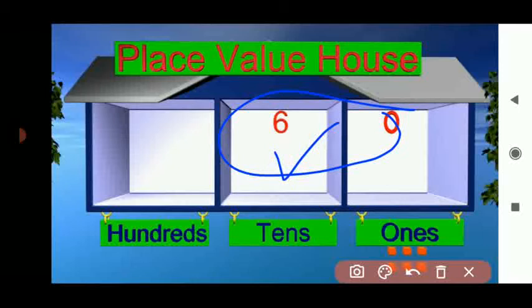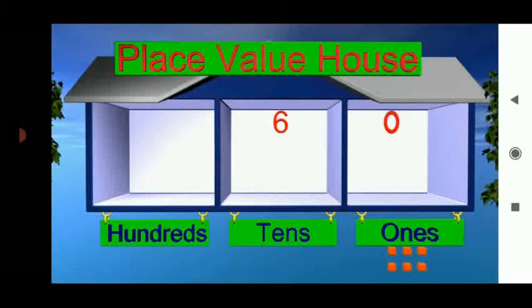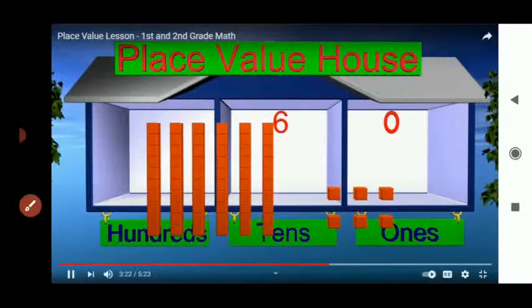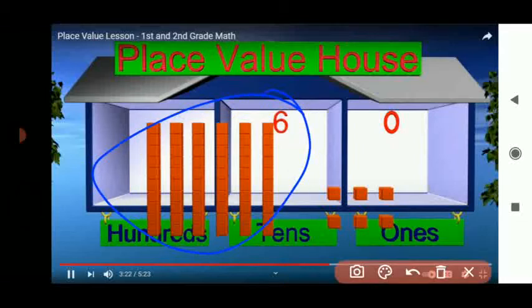So 60. Now remember children that we need to see which place the numbers are in. This is very, very important. Again and again I am saying we have to see the position of the numbers. We represent 60 like this, and we represent only 6 like this.